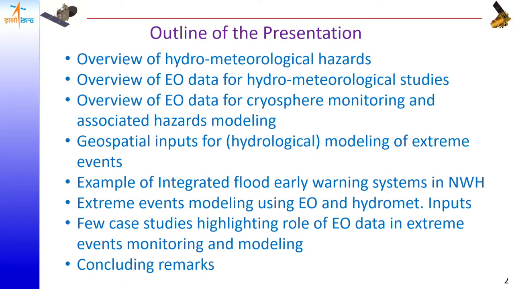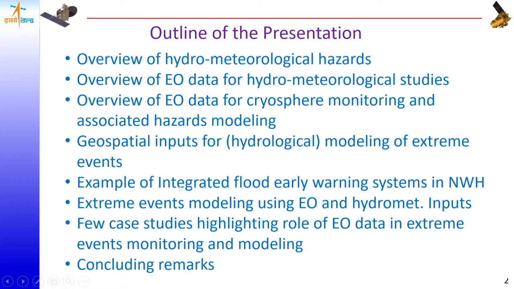And then starting with the river basin, as discussed in the previous introductory session, starting from where the river starts, that is from the mountains where we have the cryosphere, and what are the hazards associated with the cryosphere, and then coming downstream where hydrological modeling of these extreme events is very important.